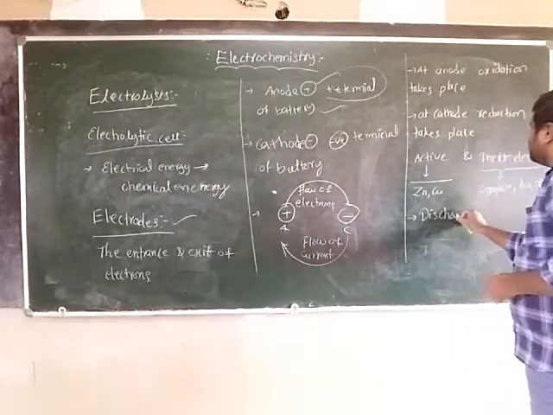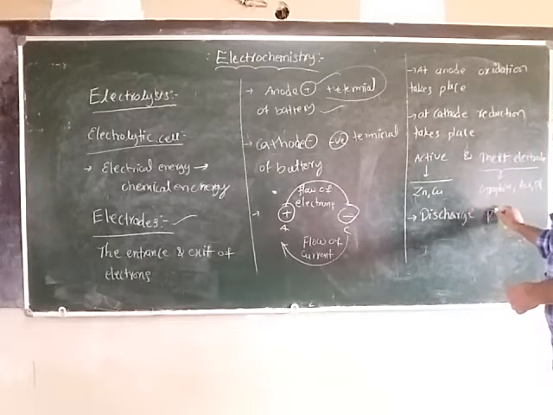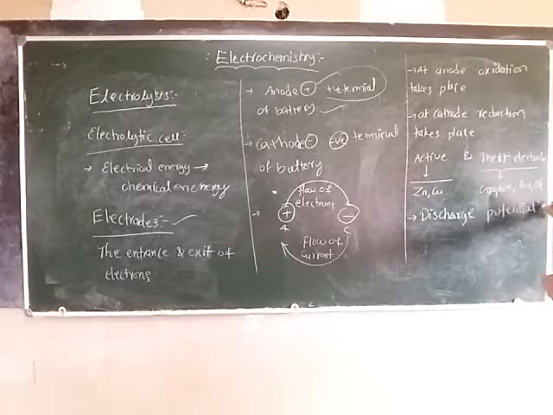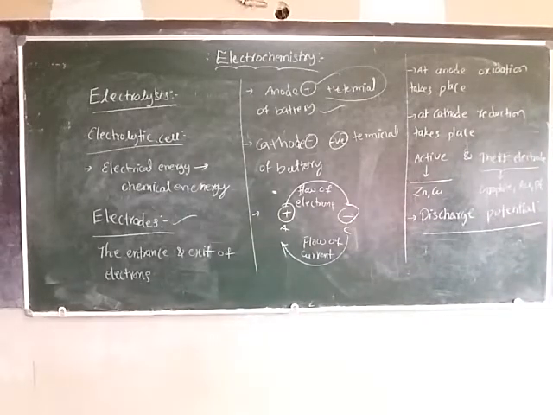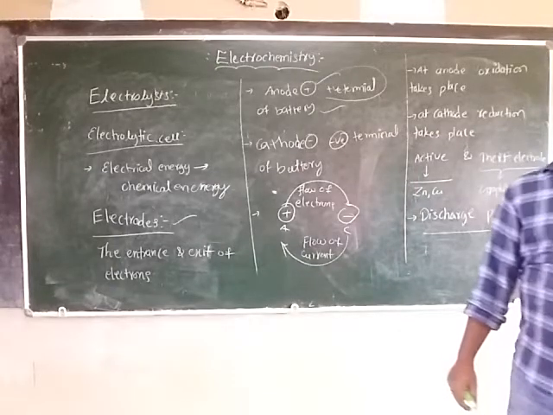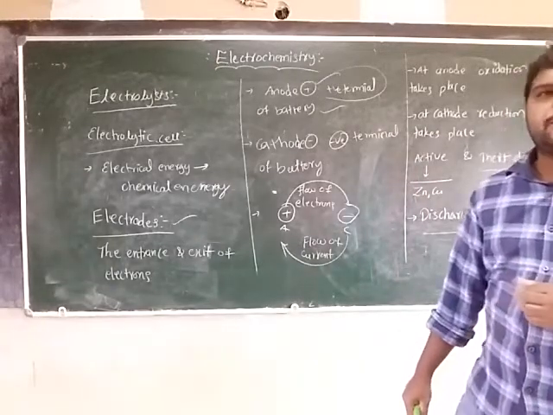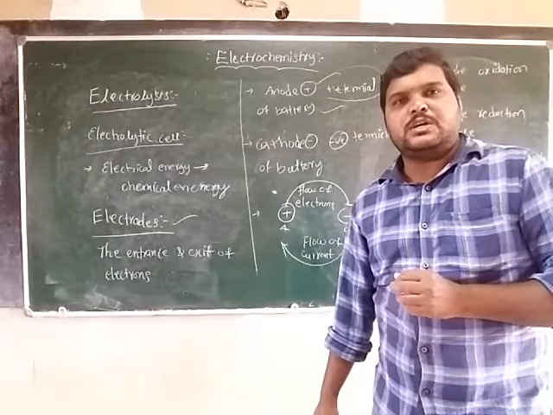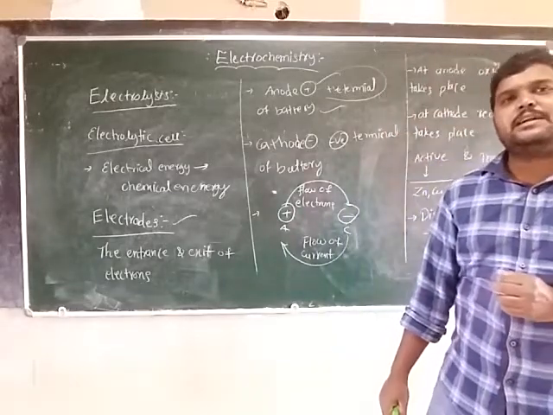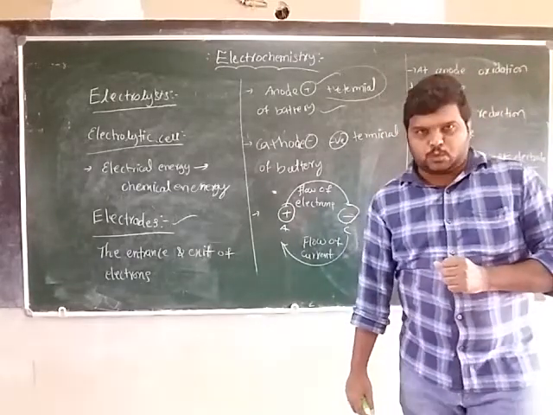Next, another one, discharge potential. What is a discharge potential? This is the minimum potential required to discharge ions at the corresponding electrodes.